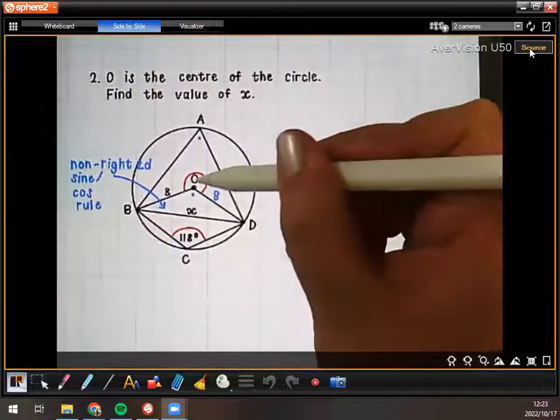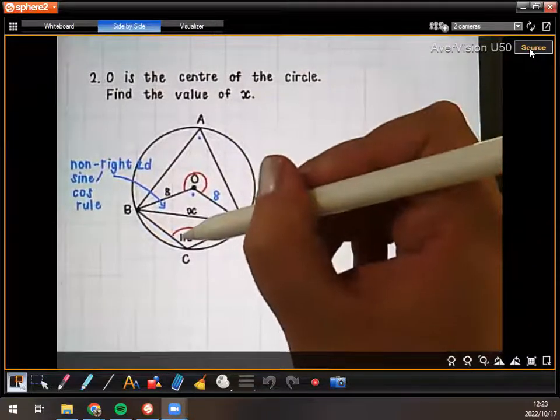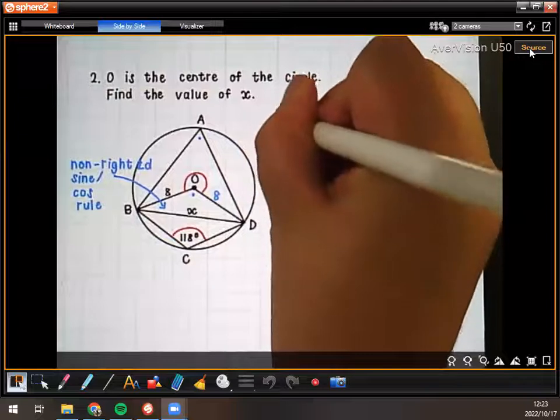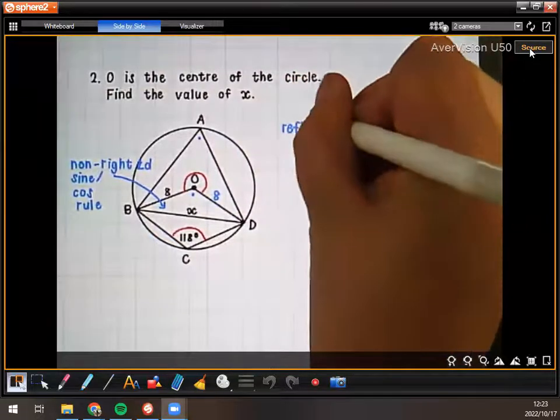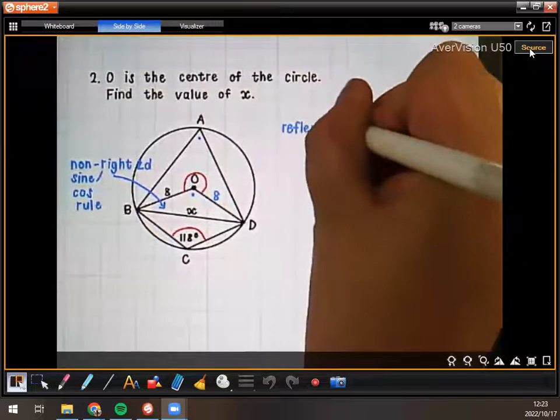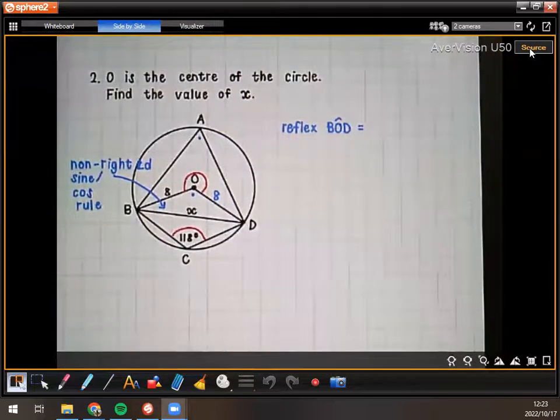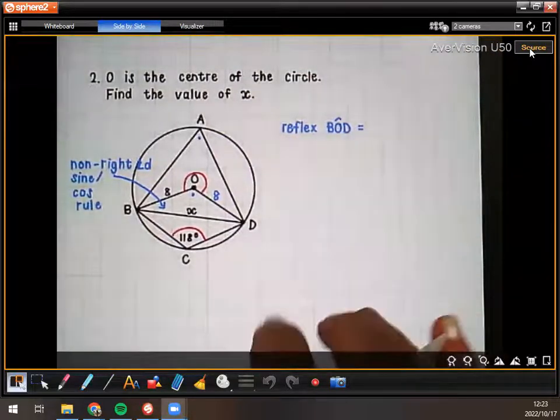What is the angle at the center? Always double the one at the circumference. So we're going to say reflex BOD is equal to 118 times 2, which is 236.